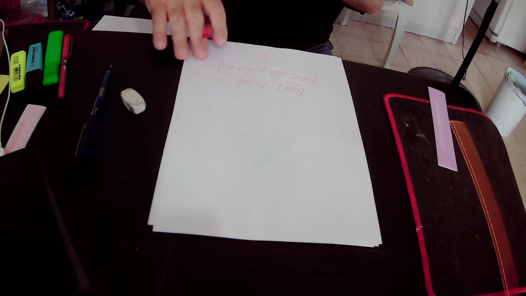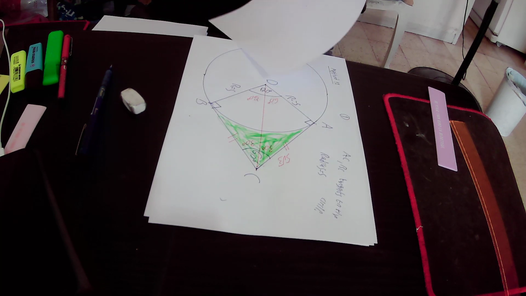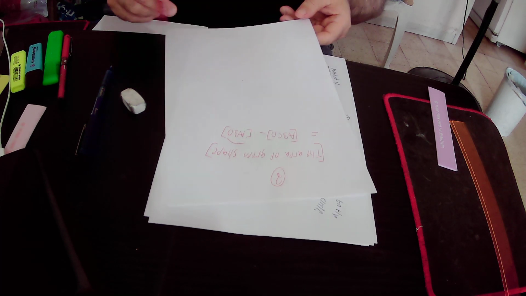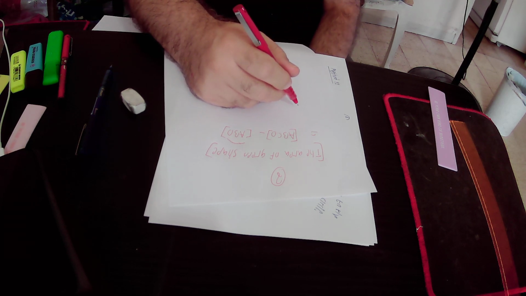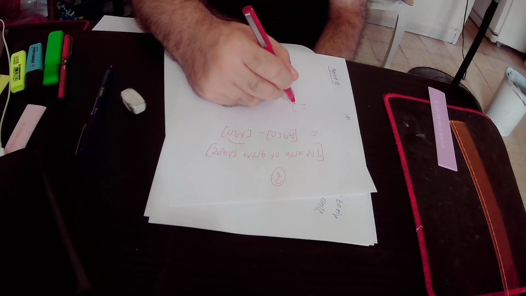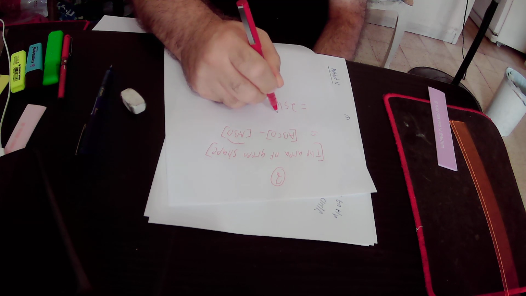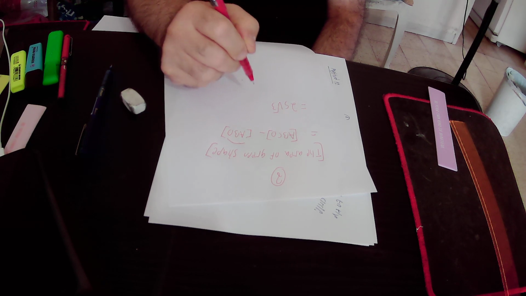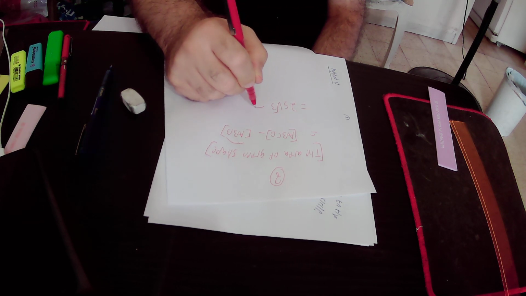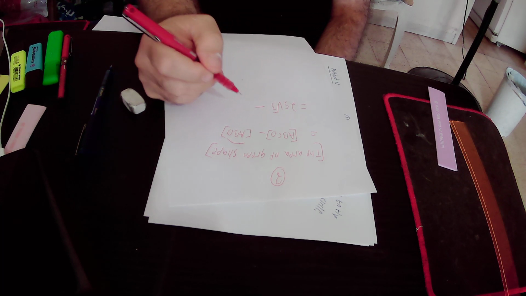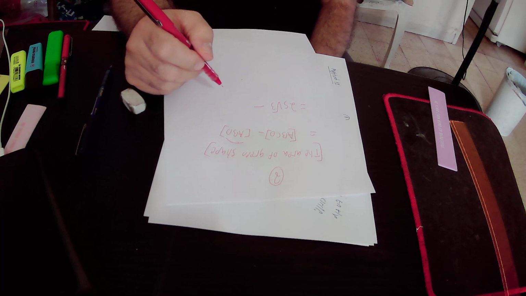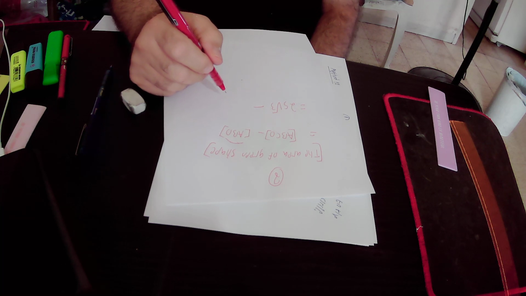We have already found out that the area of quadrilateral ABCO equals 25 times root 3, minus the area of sector ABO.